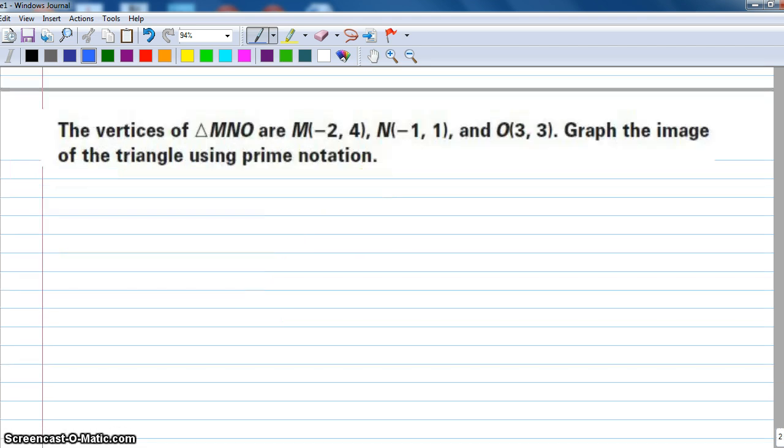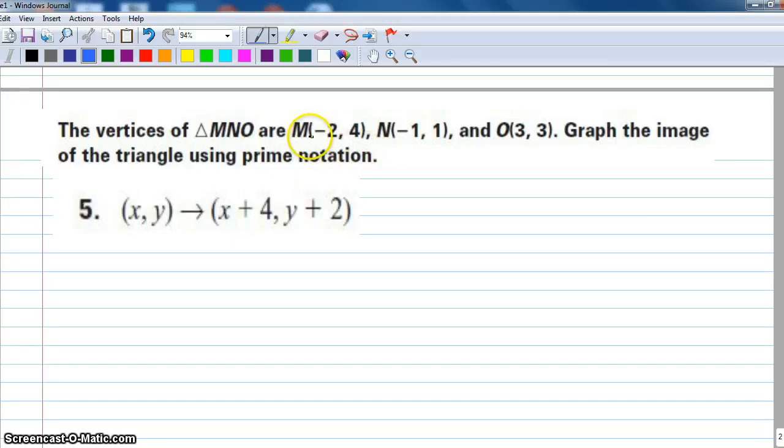Moving on. It says the vertices of triangle MNO are those points right there. Graph the image of the triangle using prime notation. First, we need to graph these points on graph paper, and then I'm going to give you directions, like you're going to move it left or right, up or down. We're going to get M, N, and O, all three of them, and we're going to make them go x plus 4.